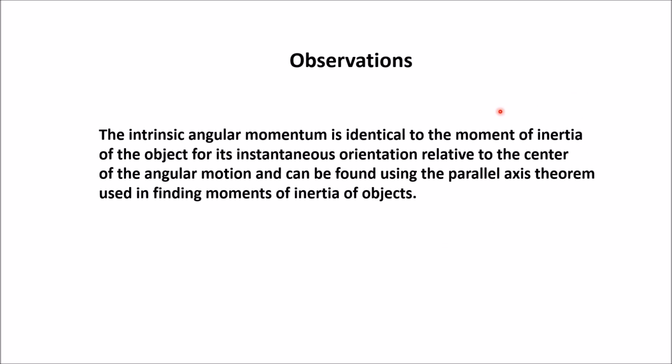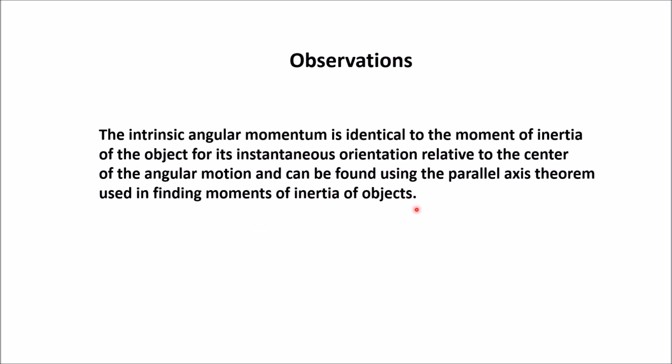We identify something called the moment of inertia of the object, which is characteristic of the mass distribution, shape, and size of an object, and if we multiply it by the spin rate of the object, we get a spin angular momentum.